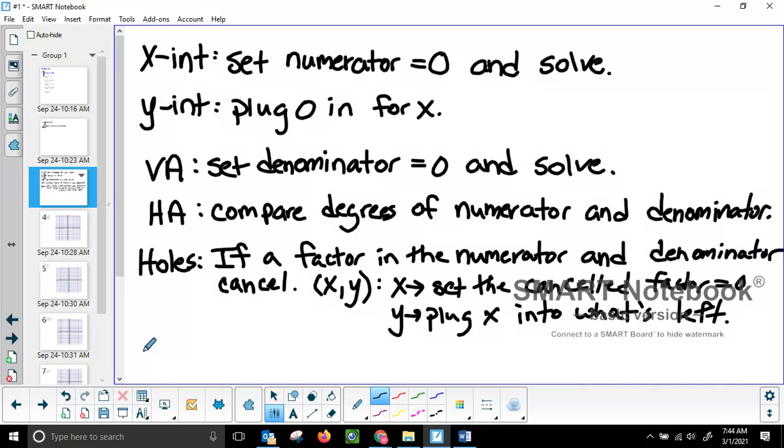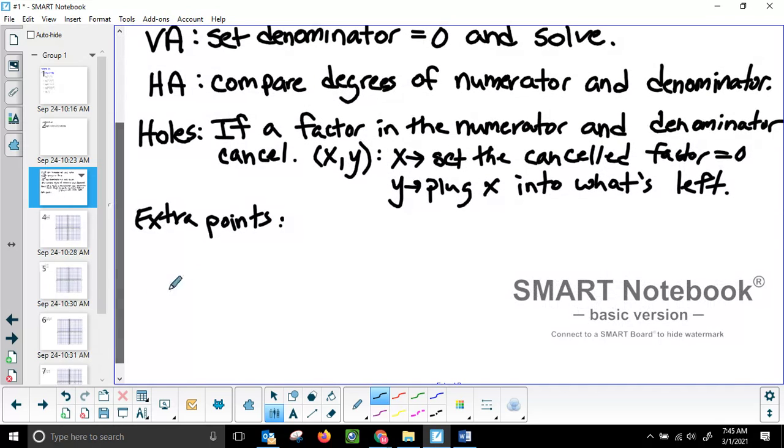All right, and then finally we'll need some extra points, where you simply pick x coordinates and plug them in and you get y coordinates. However, we do want to pick our extra points strategically.